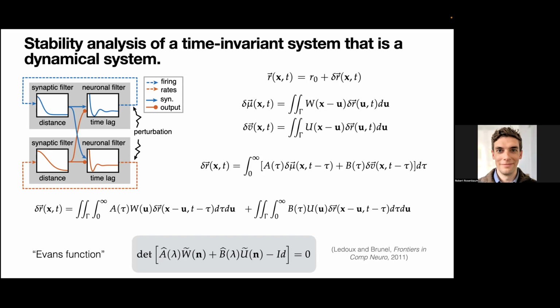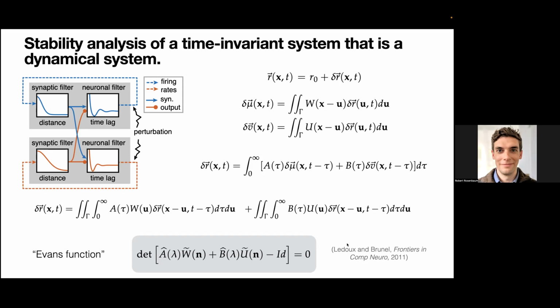This function that we're setting equal to 0 is sometimes called an Evans function. The hat here is the Laplace transform of A. The tilde is a Fourier transform in space. So Laplace in time, Fourier in space. And we need to solve this at all lambda and all pairs of Fourier modes N1 and N2 that are in this vector N. Wherever we find a solution, the associated lambda is an eigenvalue, and the associated Fourier mode is an eigenfunction.